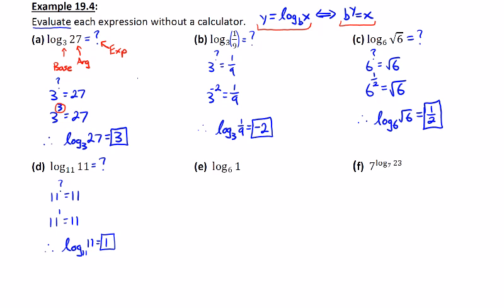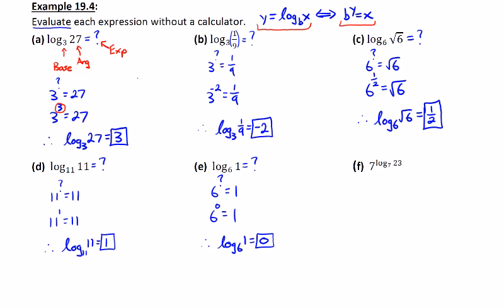Set that equal to my question mark, and rewrite to get 6 to the question mark equals 1. And there is an exponent that will make your answer become 1. That exponent is 0. 6 to the 0 has to be equal to 1. So therefore, log base 6 of 1 is equal to 0.